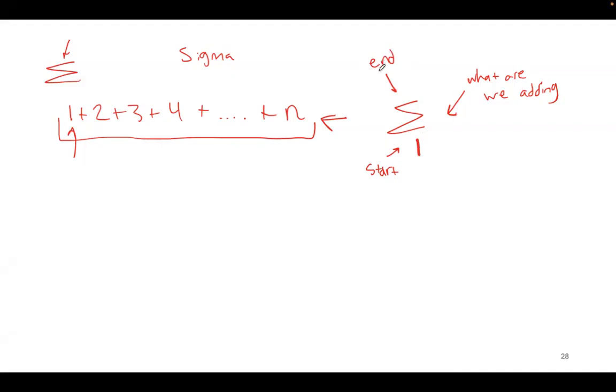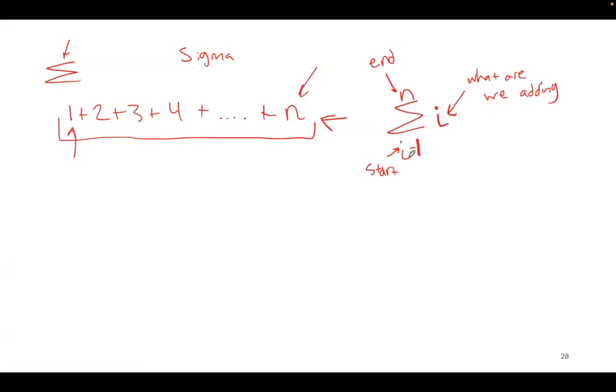I mean, maybe technically infinity, but in this case, we'll just say we stop at n. And then we're adding each individual number, right? So the way we express this is i. And so we'll start at i equals 1.